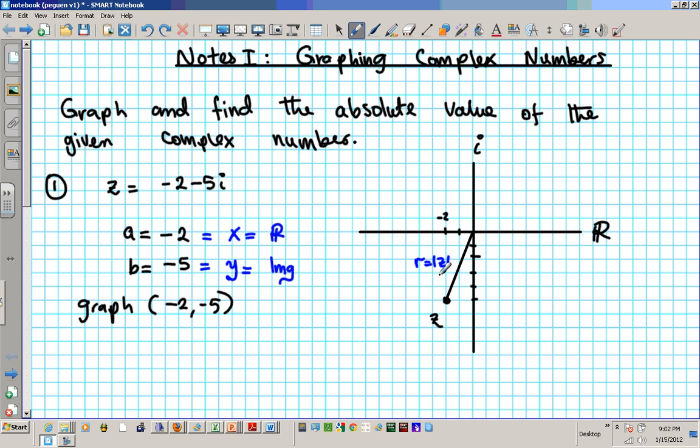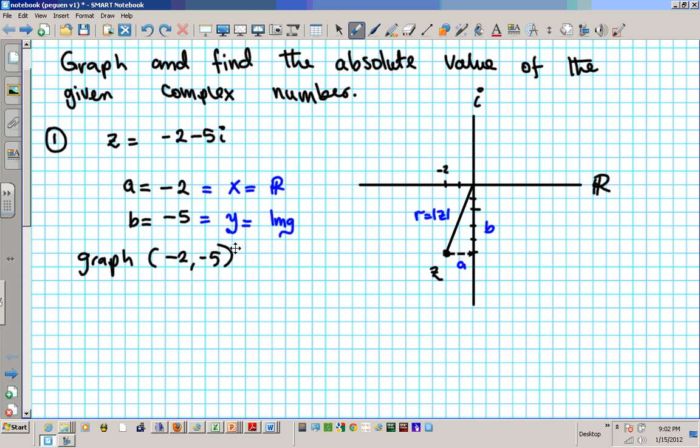If you notice, if we draw this completely, we have a right triangle. How do you find the hypotenuse of a right triangle? We use the Pythagorean Theorem, right? Because this is the a and this is b. So we're going to use a formula. I think you already know this formula. The absolute value of z equals the square root of a squared plus b squared.